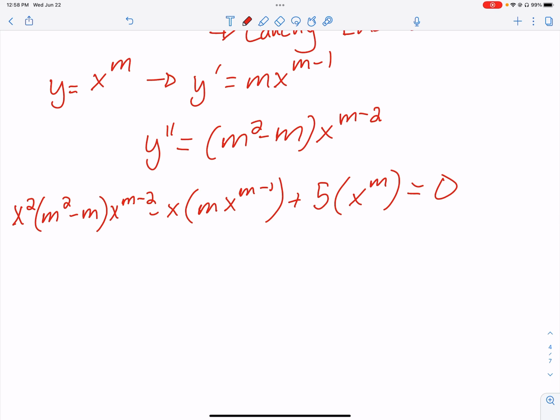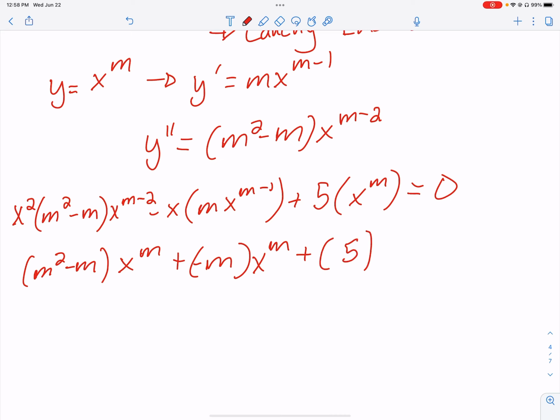All right, so we get m squared minus m times x to the m minus m, I'm going to do a plus negative m, x to the m, plus, and I'm going to put 5 in parentheses just to help my brain out, equals 0.